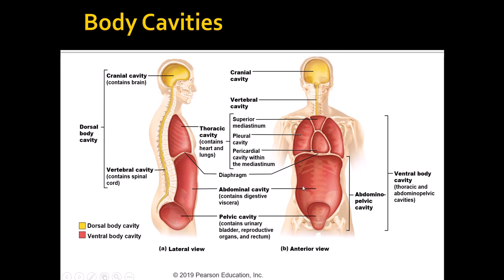The abdominopelvic cavity is broken into the abdominal cavity, which contains most of your digestive viscera, all of your intestines and your stomach and your liver, and then the pelvic cavity, which contains most of your urinary organs, things like the bladder, as well as your reproductive organs.